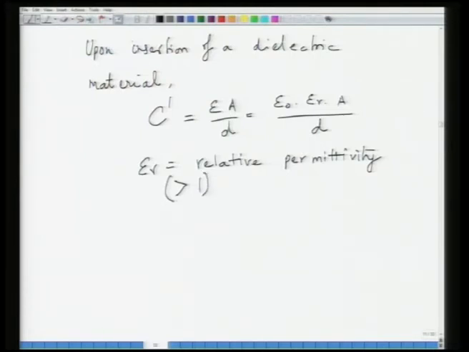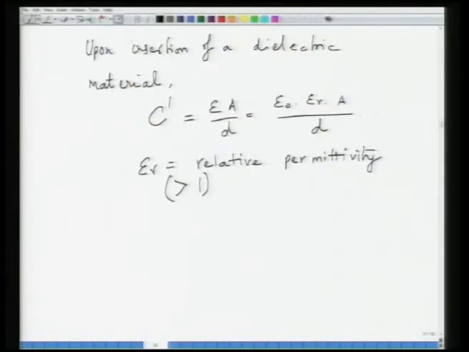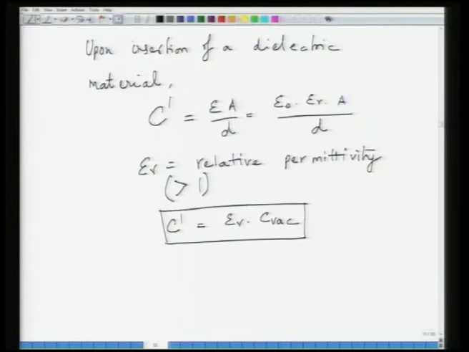So, the job of a dielectric material when it is inserted between two plates is to increase the capacitance, and that is because the epsilon R, which is related to that material, is always greater than 1. So, C prime becomes epsilon naught epsilon R A over D. As a result, C prime is equal to epsilon R into C vac. Okay.